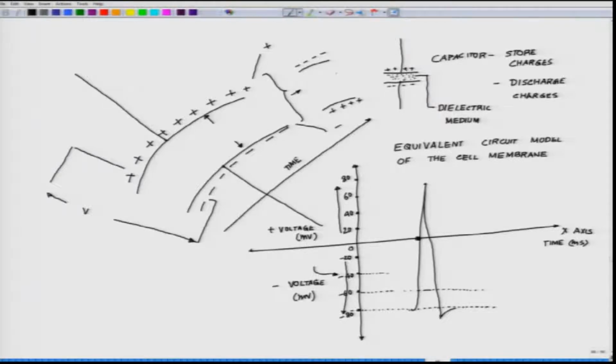At this stage, when you are measuring, with respect to outside, the inside is negative, and you measure minus 80 millivolt. Then at some unique point, when you are measuring across it, this becomes say plus 10 millivolt. It means the inside becomes more positive as compared to the outside. The outside transiently becomes negative.